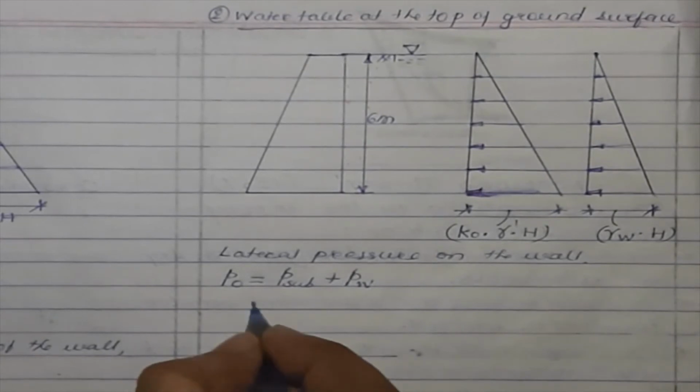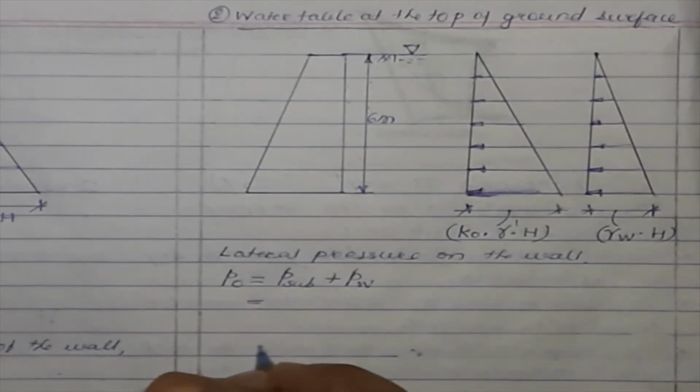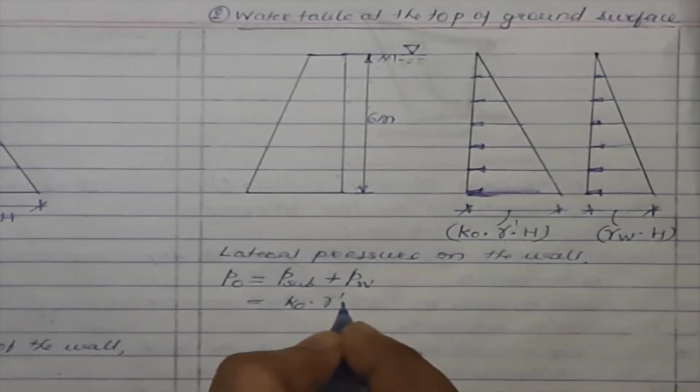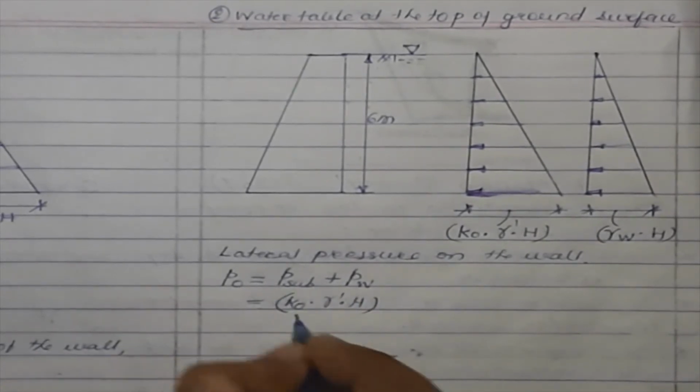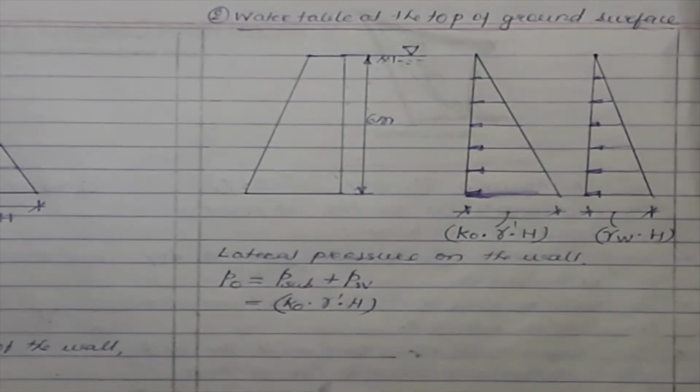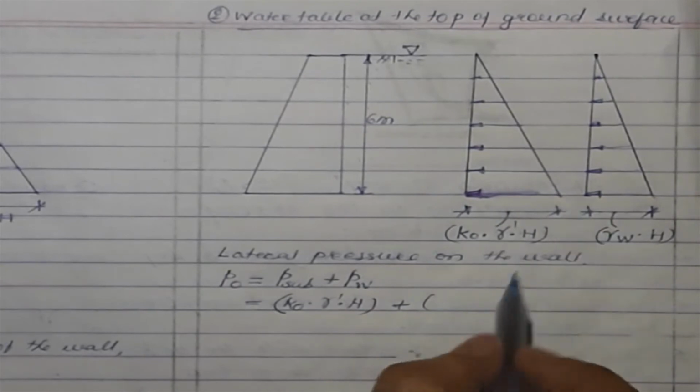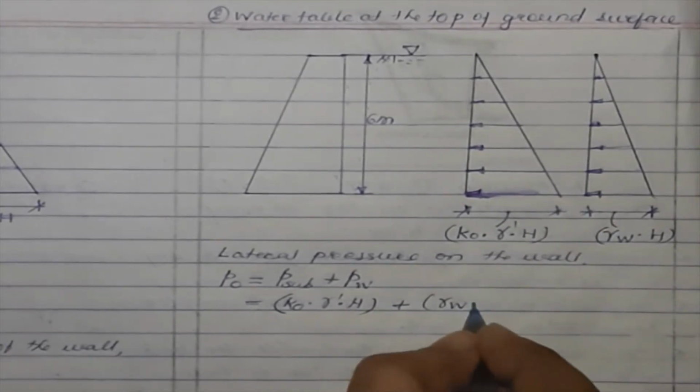Pressure due to submerged unit weight would be K0 multiplied by gamma submerged multiplied by H, plus pressure due to water at the bottom, it would be gamma W multiplied by capital H.